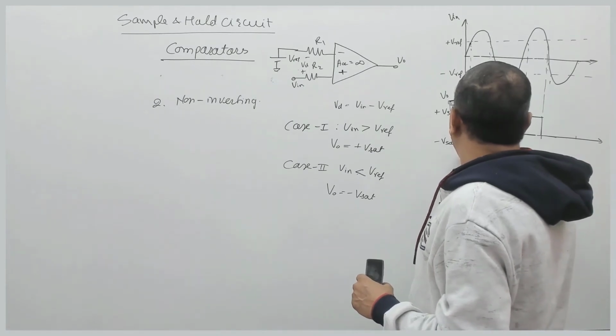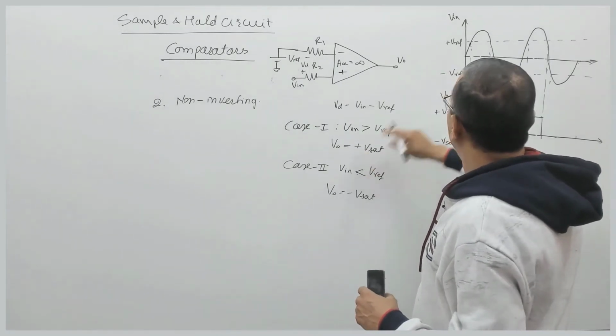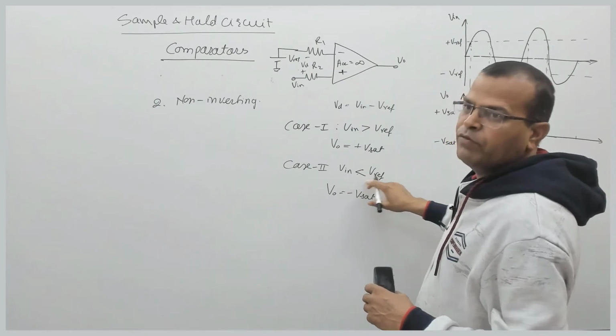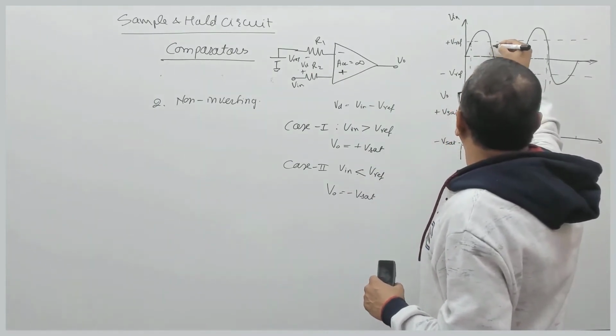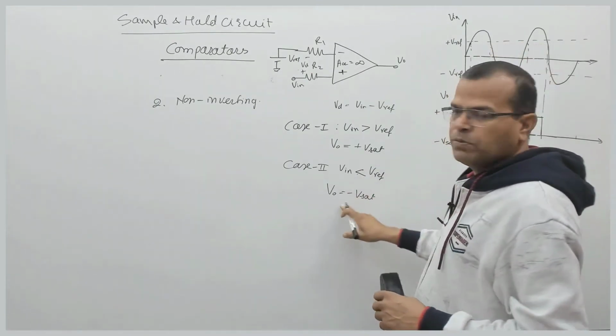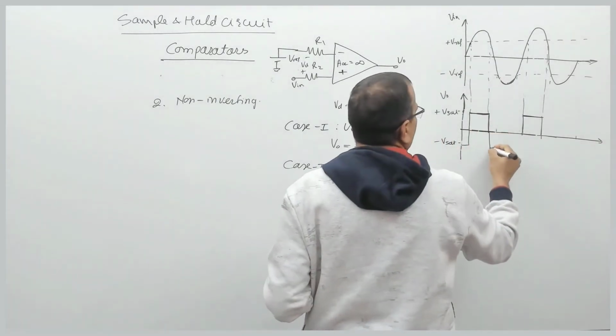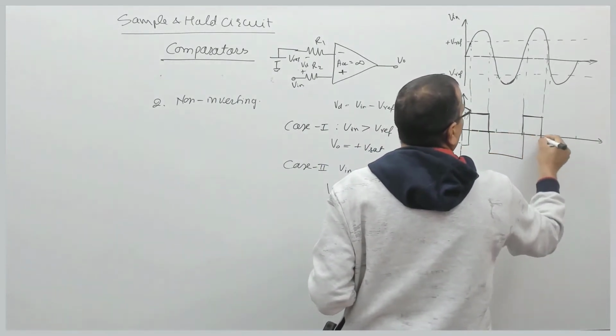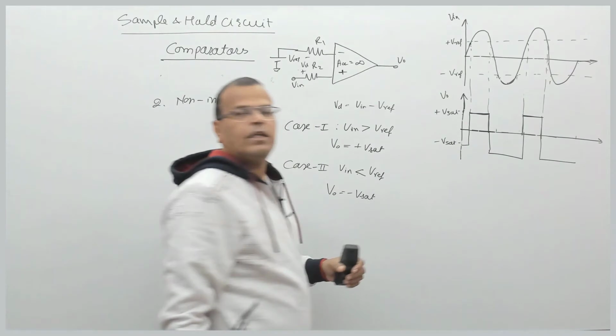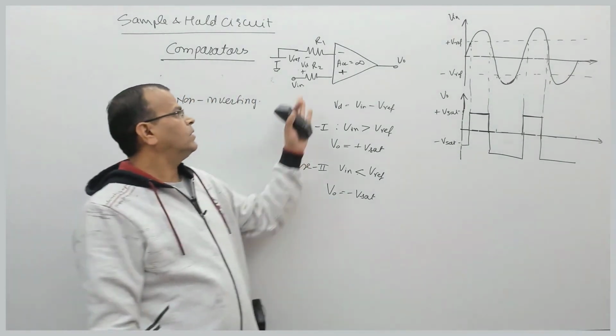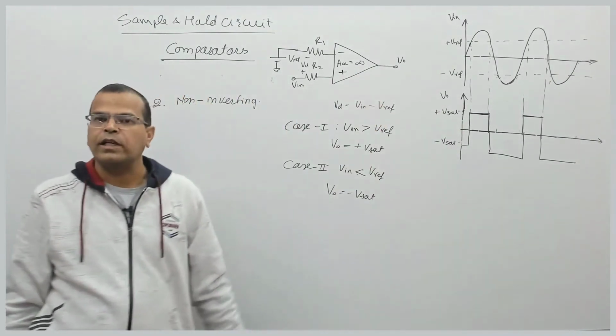And in the remaining portion, when input voltage is less than Vref, this is the portion where output is minus Vsat. So during this period, output is minus Vsat. That's it. This is the output waveform for this circuit.